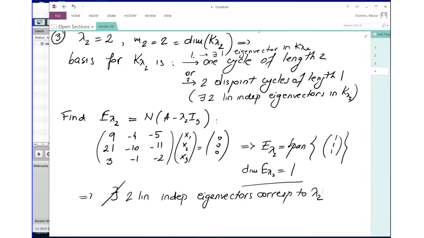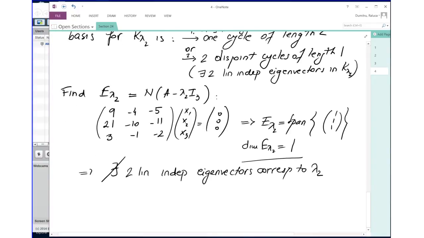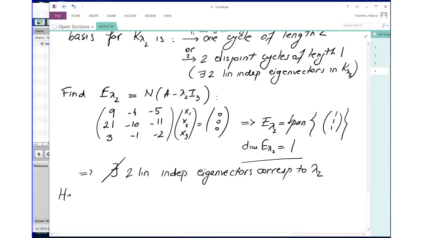Which eliminates the second option. The basis for K lambda 2 will not be the union of two disjoint cycles of length 1. Therefore, it must be the case that the basis for K lambda 2 consists of one single cycle of length 2.